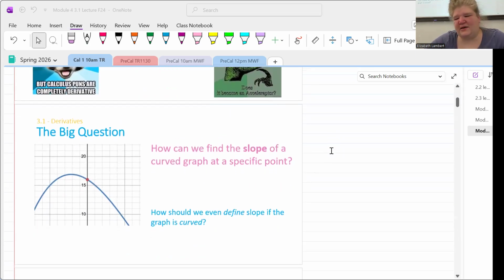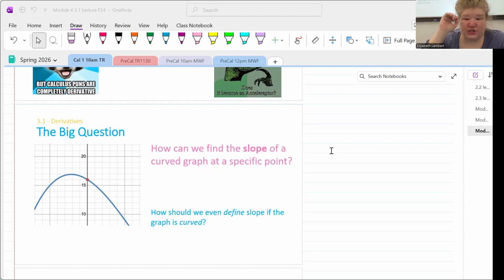So, derivatives are the big idea in calculus, like the whole reason we study this. Initially the first question is, what even is the derivative talking about? And it turns out what the derivative is talking about is slope. There are a whole bunch of different ways that mathematicians will say slope, and derivative is one of those.